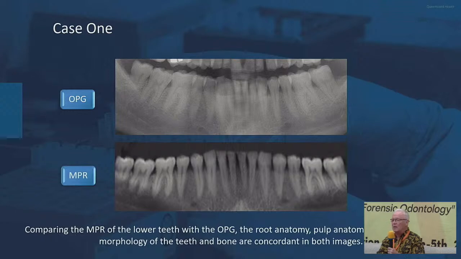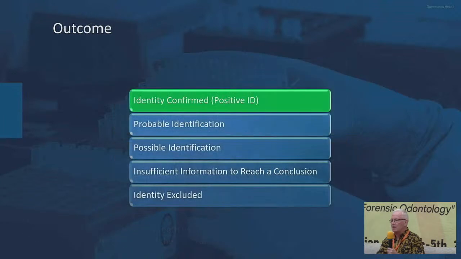And there you can see the similarity in root positions, morphologies, pulp shapes between the OPG and the MPR of the mandible. So our finding in this case is going to be identity confirmed. But notice, we have never actually come in contact with the deceased. All of this can be done from our office, or indeed from home.